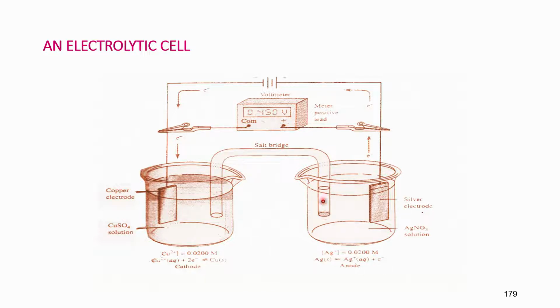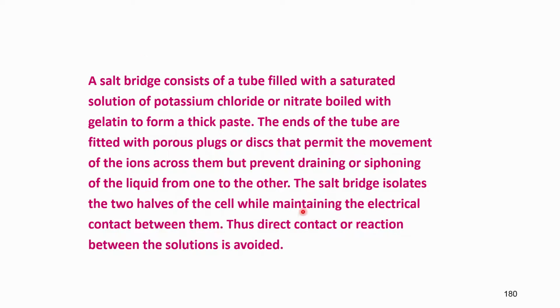So, it should not run away into the solution by virtue of gravity. So, we plug them, but that prevents draining or siphoning of the liquid from one to another. The salt bridge isolates the two halves of the cell while maintaining electrical contact between them, and direct contact or reaction between the solutions is avoided.